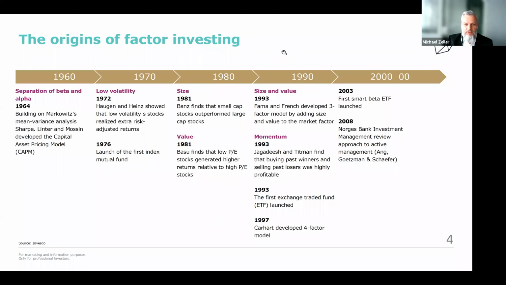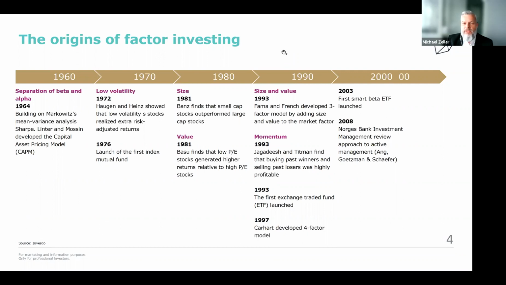That's the so-called value effect. And we all know the value effect from Warren Buffett. In the 1990s, Fama and French came up with the so-called three-factor model that added the size and value factors to the beta factor, the market factor.